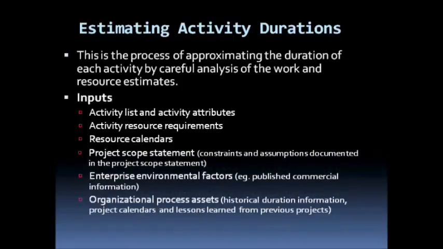We will need our activity list, activity requirements, resource calendars, our project scope statement, enterprise environmental factors such as published commercial information, then some historical information and lessons learned, altogether referred to as organizational process assets. All these could be inputs or references that could be useful in estimating activity durations.